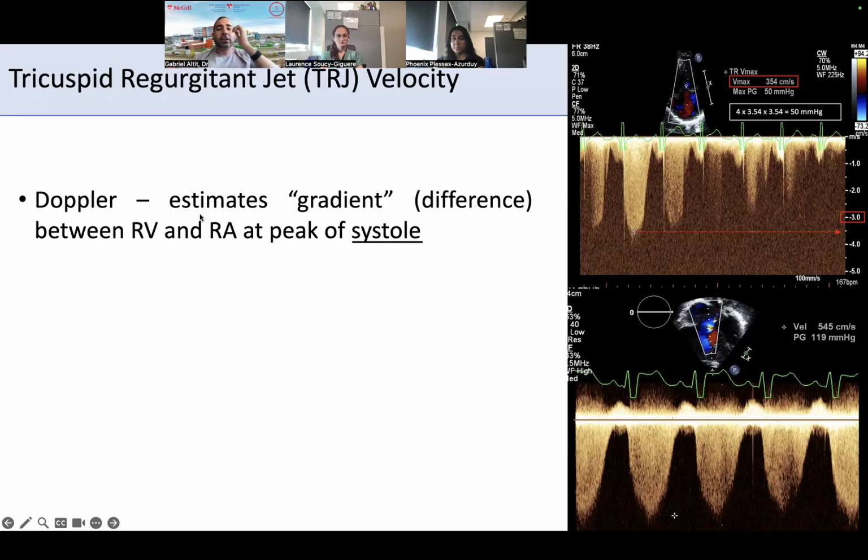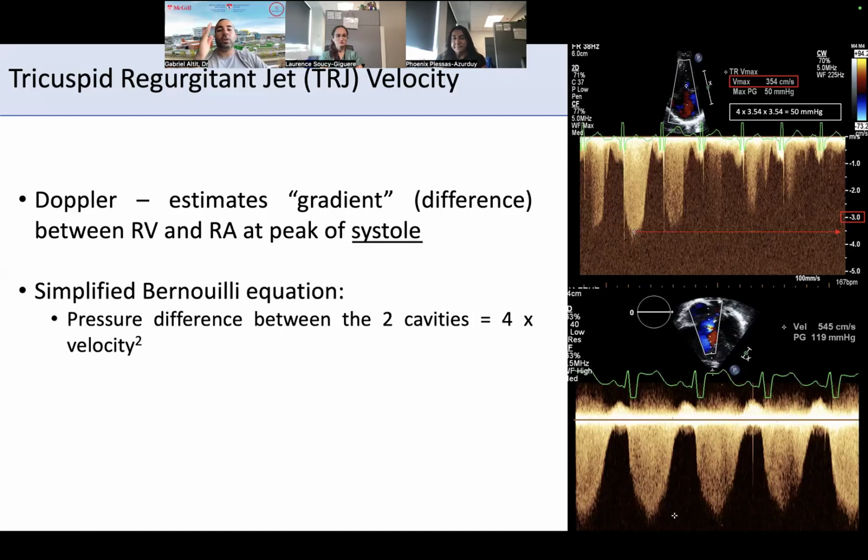So the Doppler estimates a gradient between the RV and the RA. And because the RV is facing the pulmonary artery in normal configuration, and because your RV will equalize pressure with your PA, unless you have a pulmonary stenosis or an RVOT obstruction, you can get what's happening in the pulmonary artery. So you plug in your velocity, it's 4V squared.